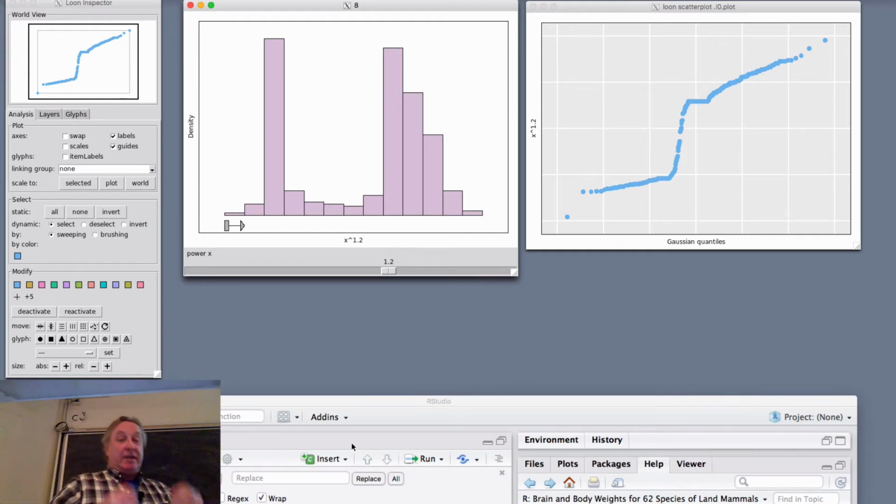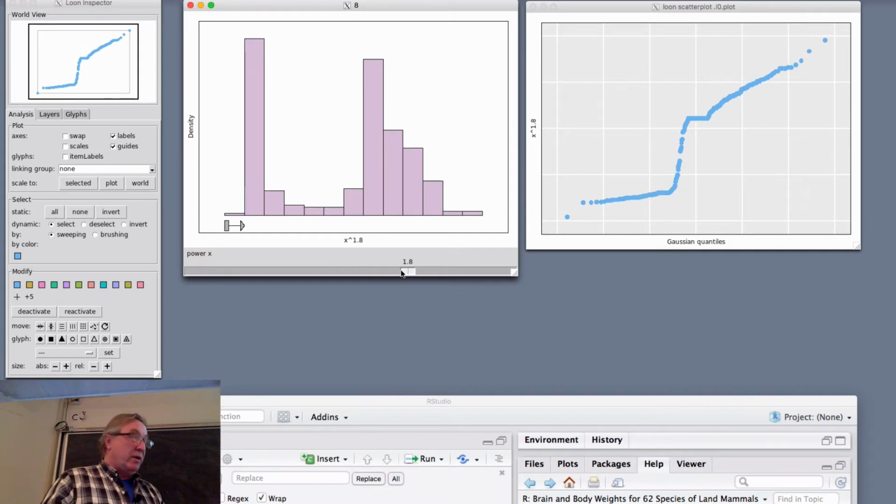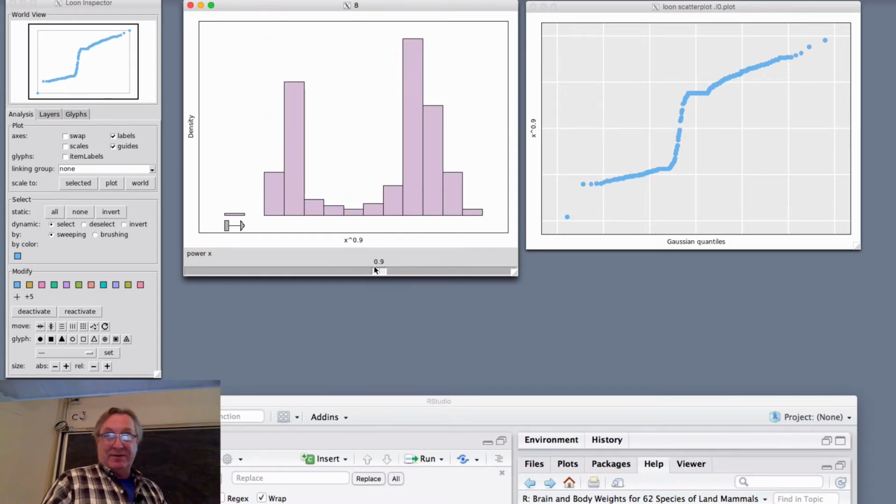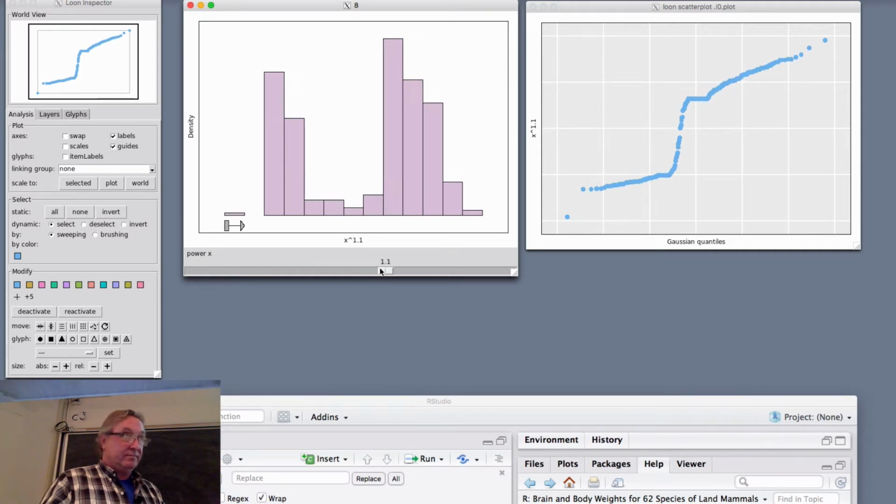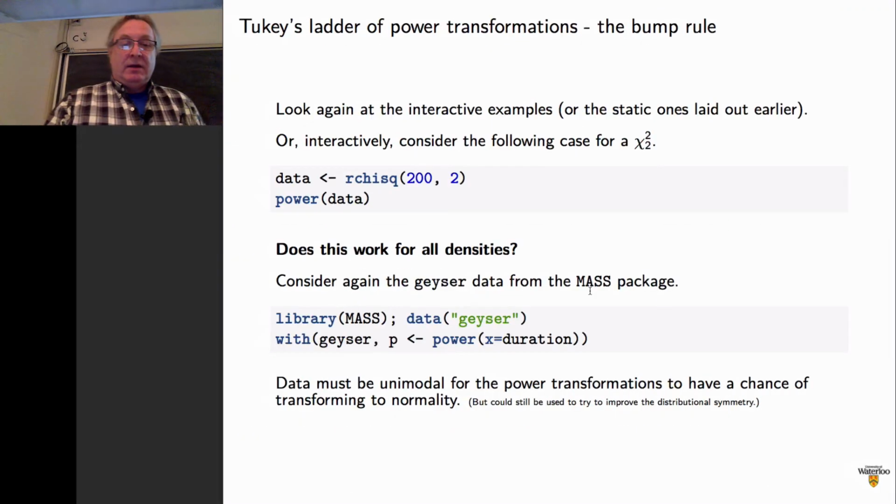You might also notice that if I have a bimodal distribution and the two modes are skewed in different ways, transforming may make one of them look more symmetric and the other less symmetric. Okay? Other questions? All right. So the data must be unimodal for us to actually get the true effect of symmetrizing from the power transformations.